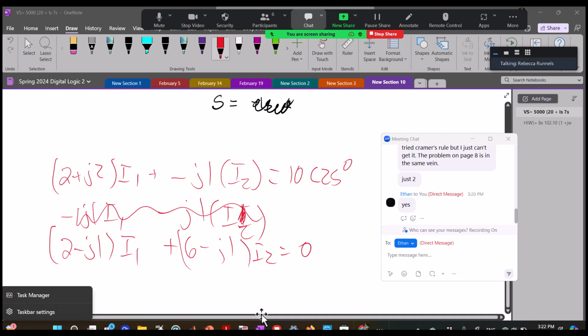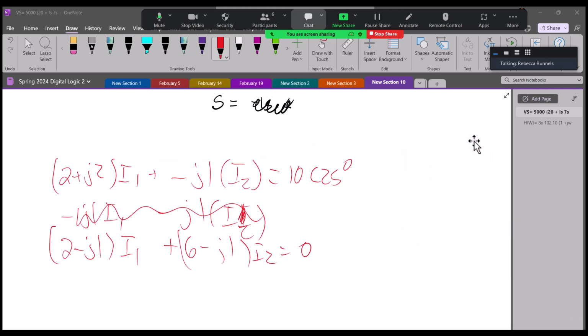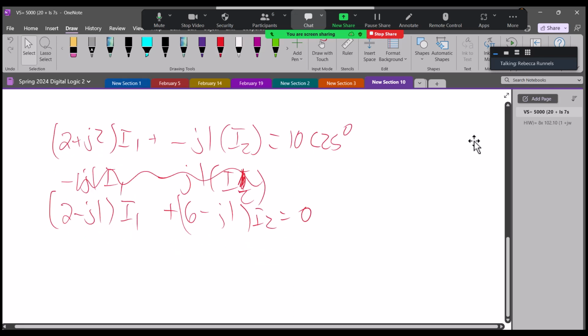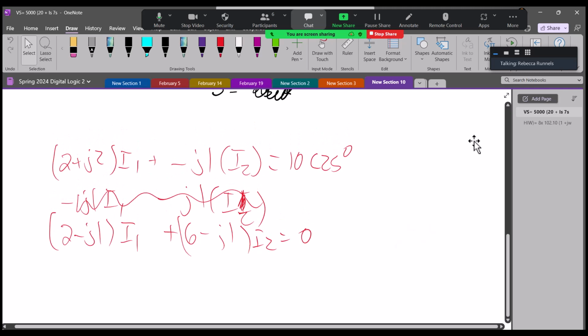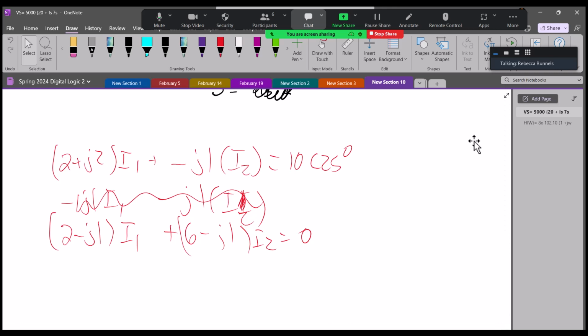personally, I don't ever do these by hand anymore because my calculator does them. I have an Inspire CAS, and I recommend that when you get into even upper level classes, you get either that or an 89 Titanium, so then you don't have to even deal with things like this anymore. But if I had to deal with something like this, it's not going to be fun, but probably the easiest way is to solve one of these equations in terms of the other and then plug in, and then you just have a lot of complex arithmetic to do.